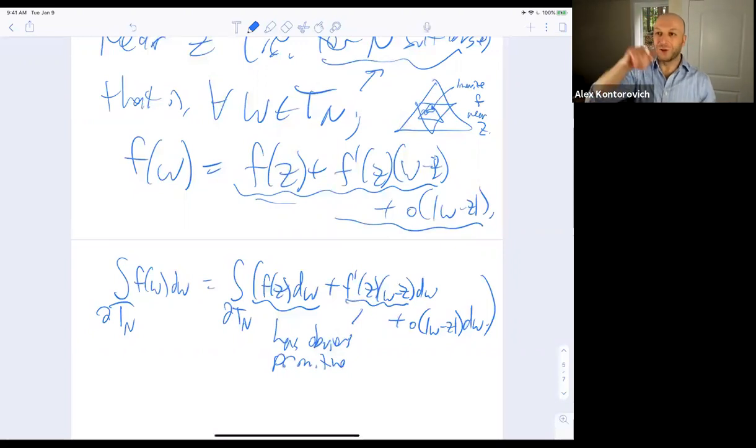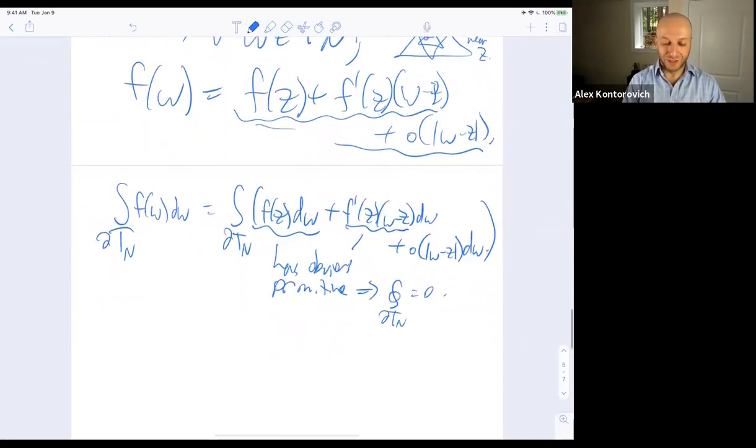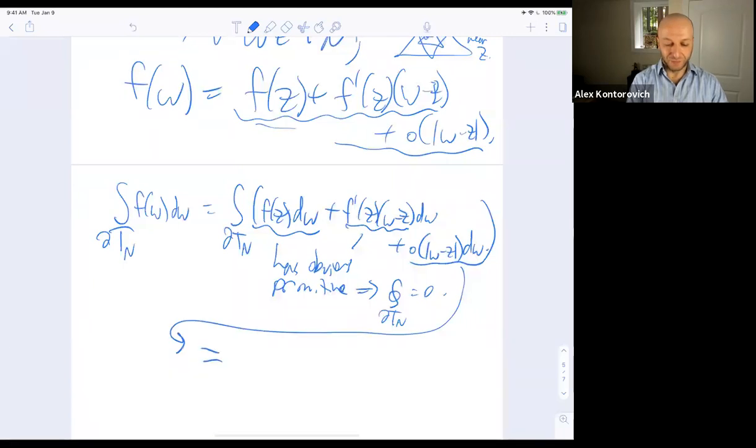And we're integrating over a closed curve. Now we can use our previous theorem: if we have a primitive, then that part's gone. It has a primitive, which implies the integral over a closed curve of those pieces is 0. So all that's left is an integral over the boundary of Tn of some function that goes to 0 faster than w goes to z.